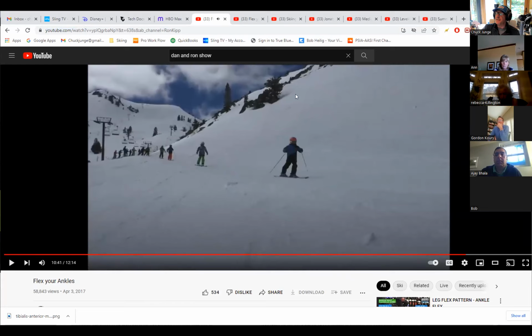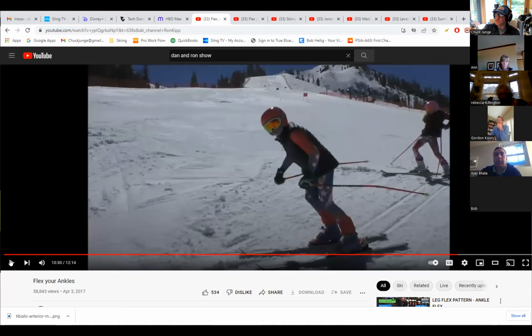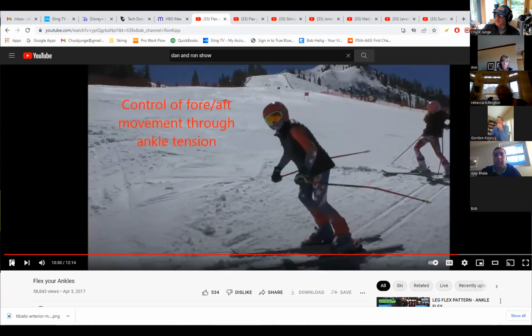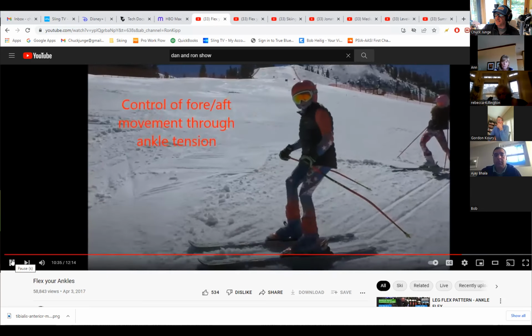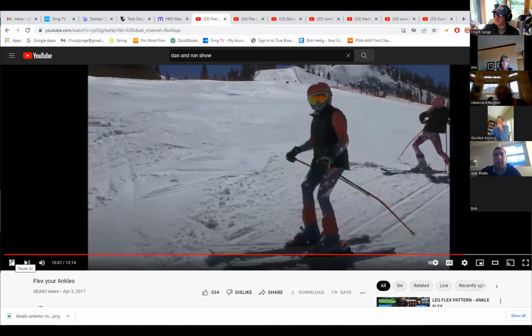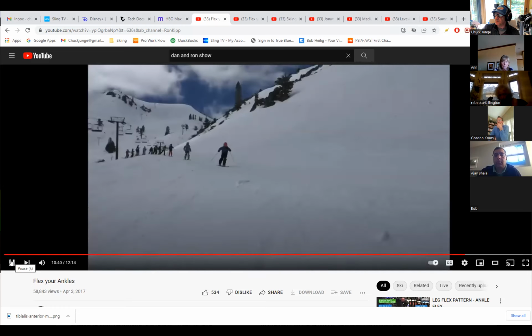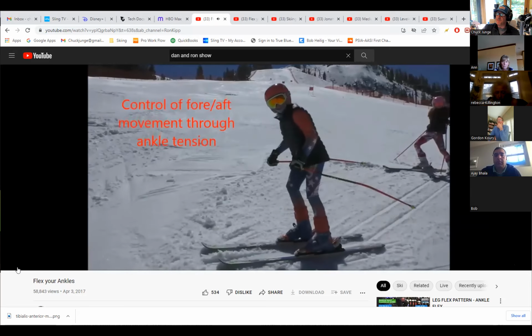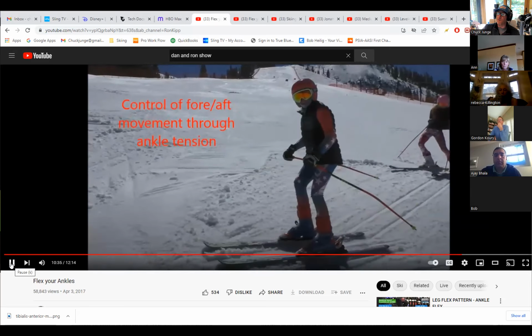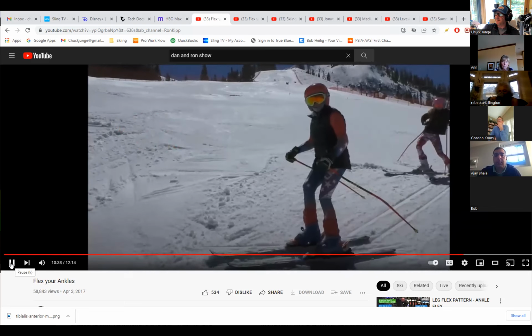You could say that really he's not moving the relationship between his hips and his knees that much, but he's really moving his center of mass forward by flexing his ankles in the ski boots. Of course, he weighs like 12 pounds, which is why his ski boot isn't moving that much. I love this illustration. I looked everywhere for this illustration. I could never find it.